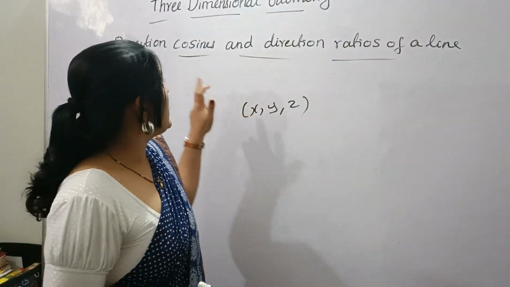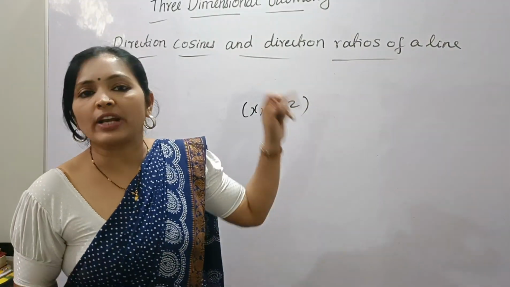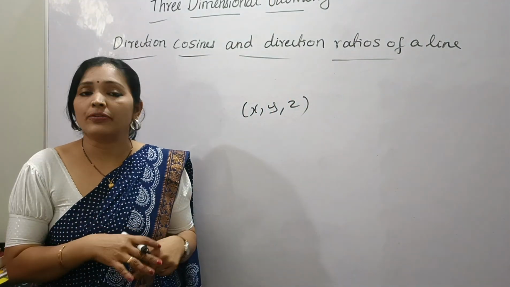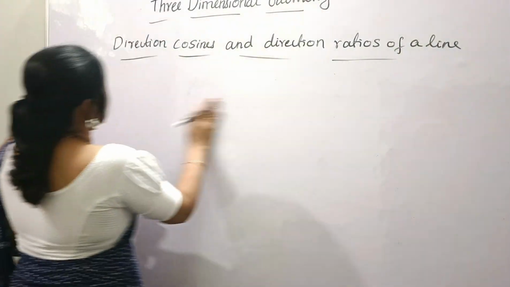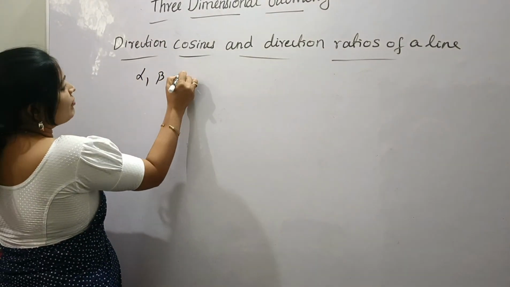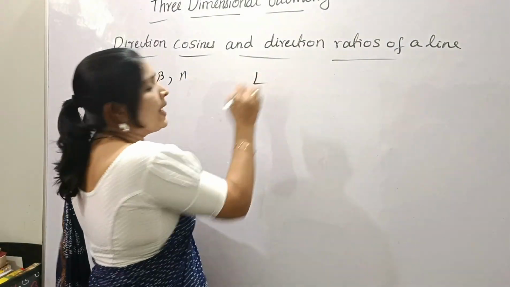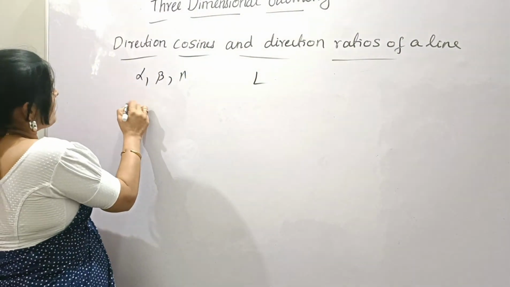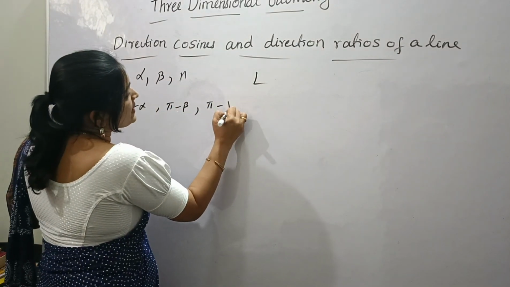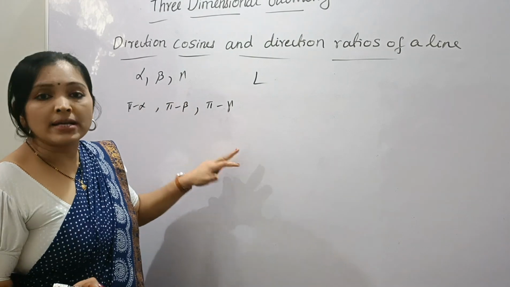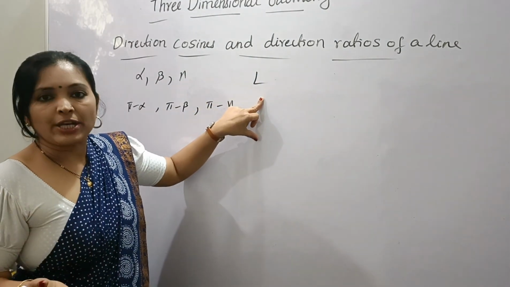First of all, here we will study direction cosines and direction ratios of a line. We have already studied this in the previous chapter, that is in vector algebra. So here let alpha, beta, gamma are the direction angles of line L, and pi minus alpha, pi minus beta, pi minus gamma are the direction angles of the line made by this line in opposite direction.